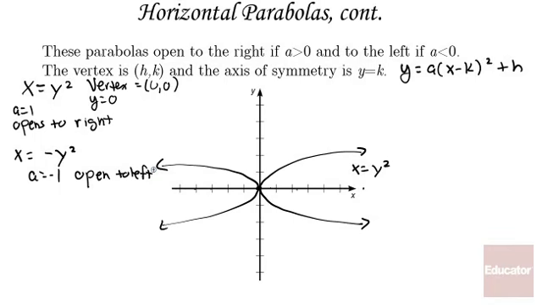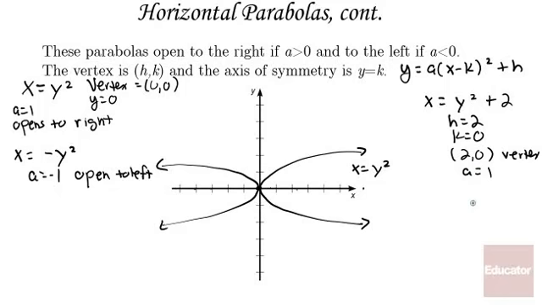Now, again, a change in h or a change in k is going to shift this parabola a bit. So let's change h and see what happens. Let's let x equal y squared plus 2. Here I have h equals 2, k equals 0. So (2, 0) is the vertex. a equals 1, so it's positive, so this still opens to the right.